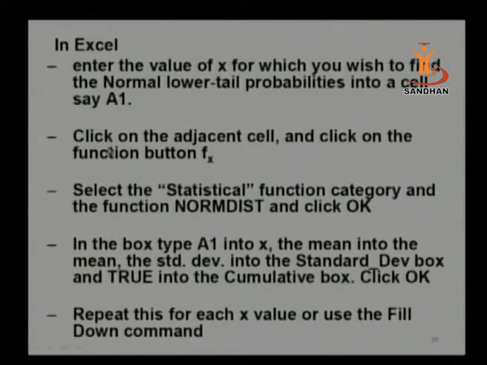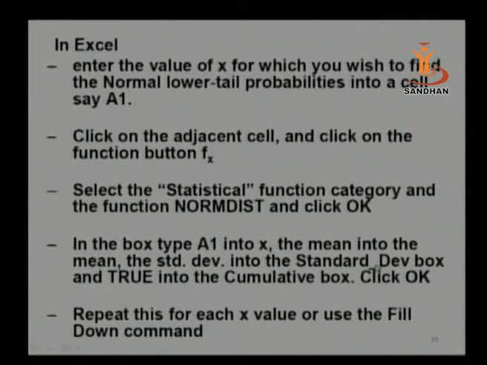Next step is click on the adjacent cell and click on the function button fx. Next, select statistical function and select the function NORMDIST and click on OK. So at that cell you will have the same value.